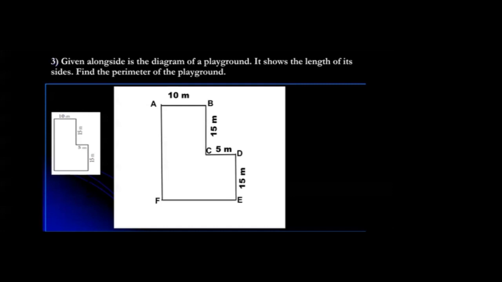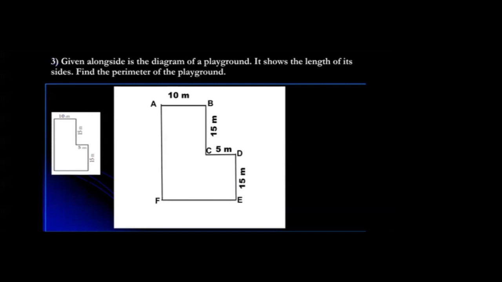So first we will label the figure in order to find out the measurements of the sides which are not given in the diagram. So AB is 10 meter, BC is 15 meter, CD is 5 meter, DE is 15 meter. These are the 4 sides whose measurements are given in the question.